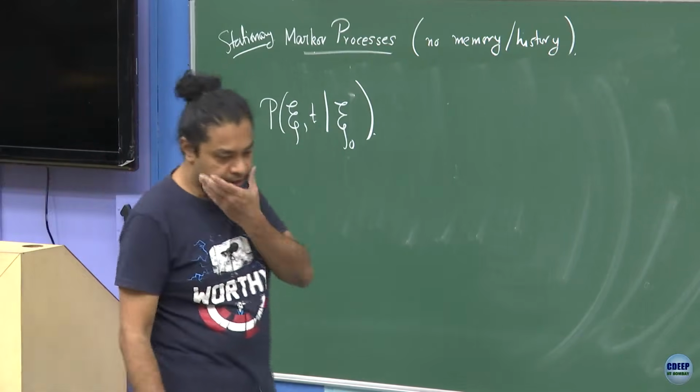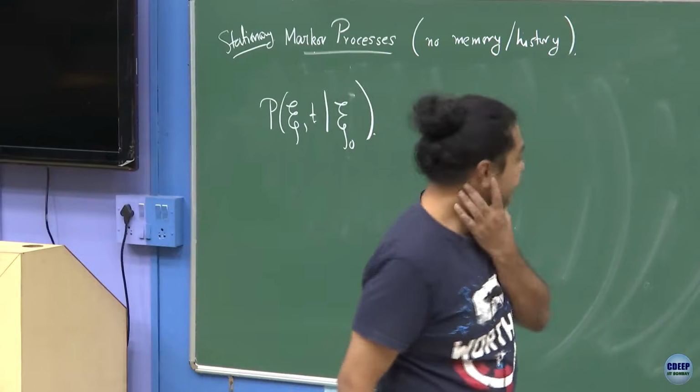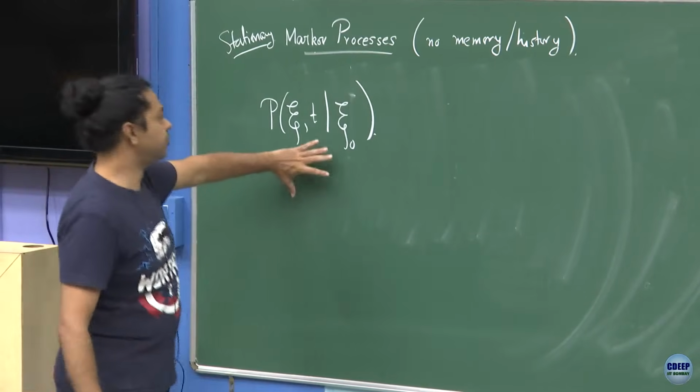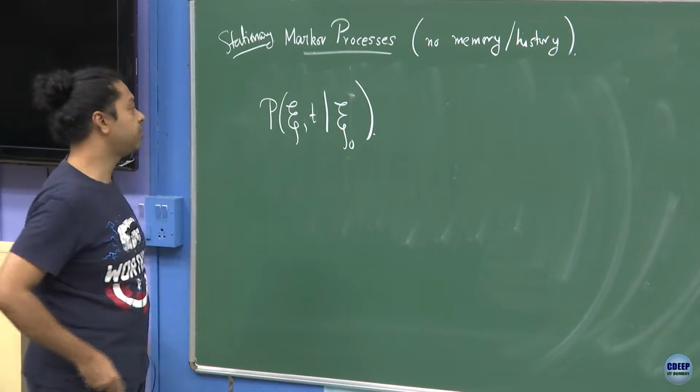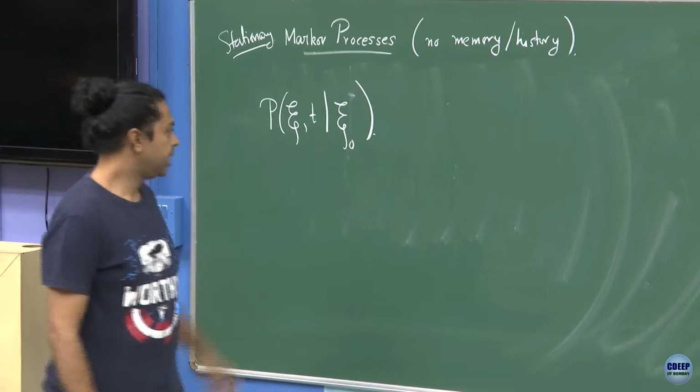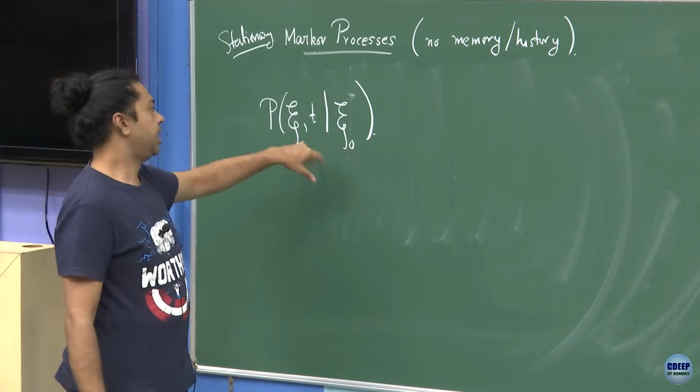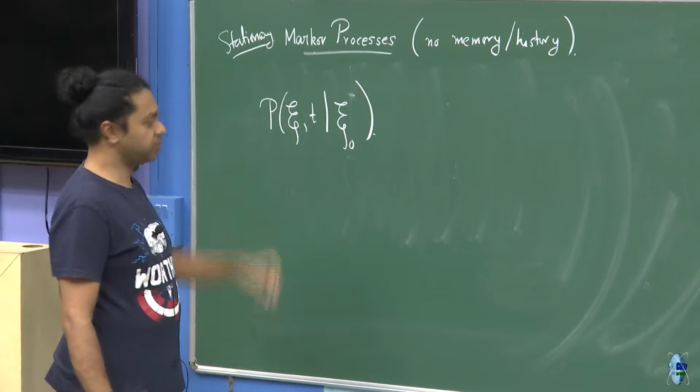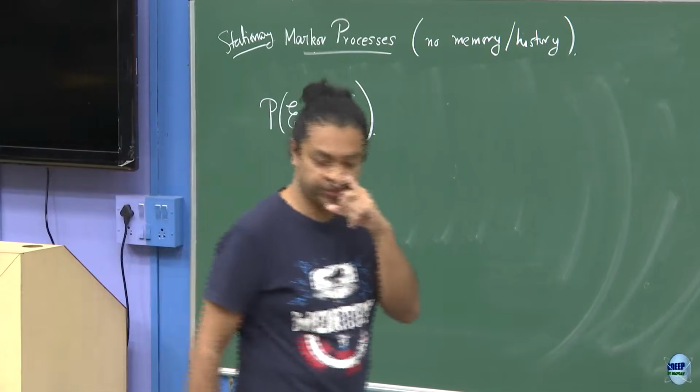And I want to know how do I describe the evolution of this probability? So, I was at xi naught, after some time t has elapsed, I am at xi, and how does this probability change with time?